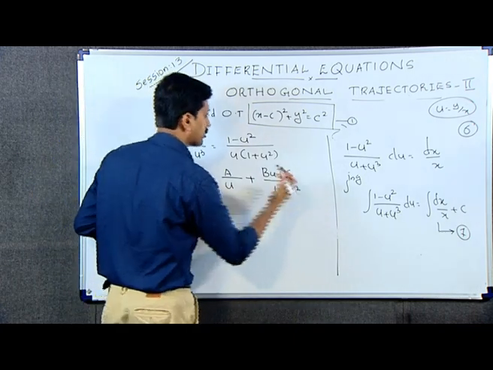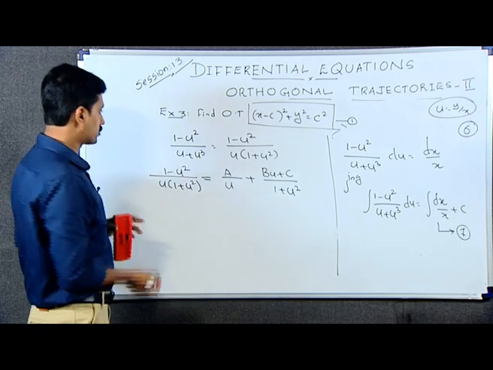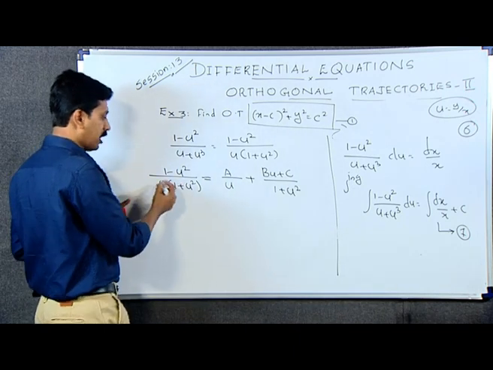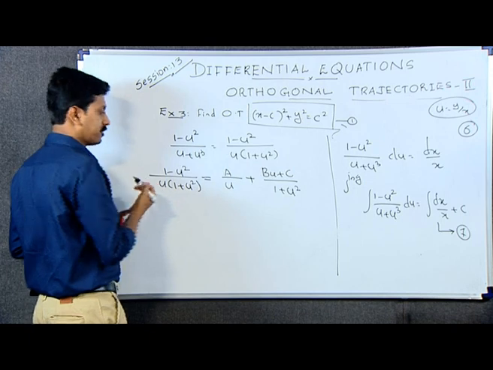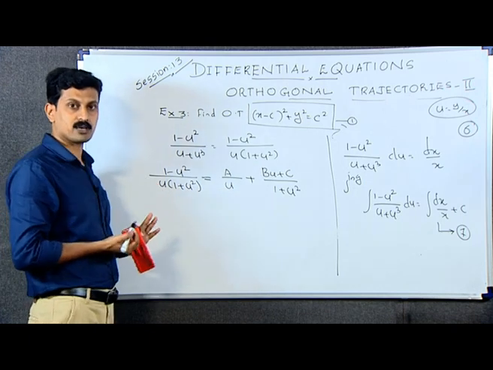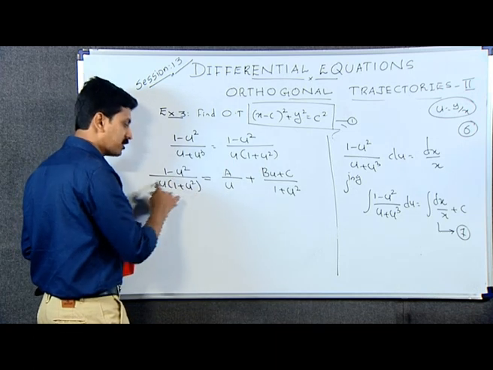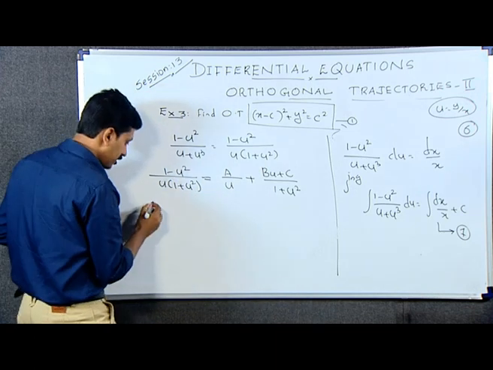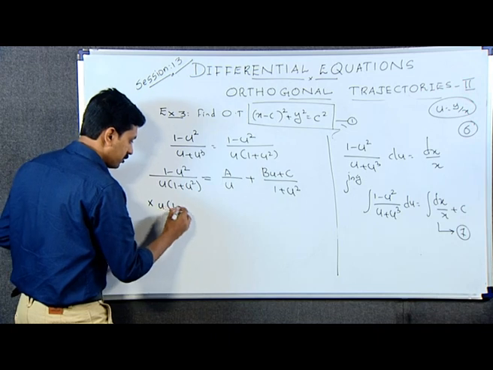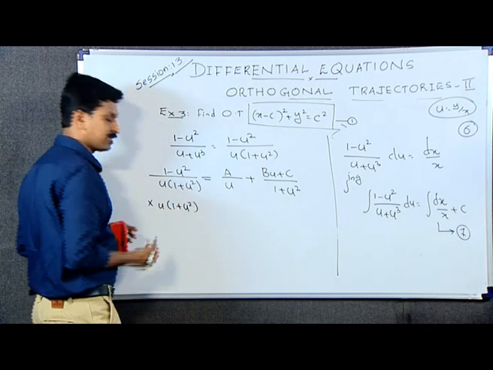I am multiplying both sides with the common denominator u into 1 plus u square.